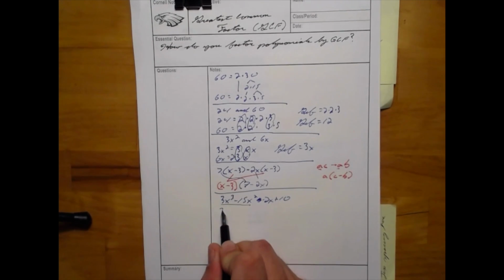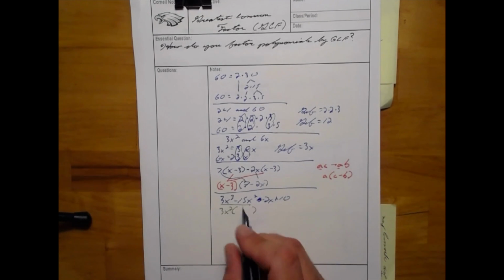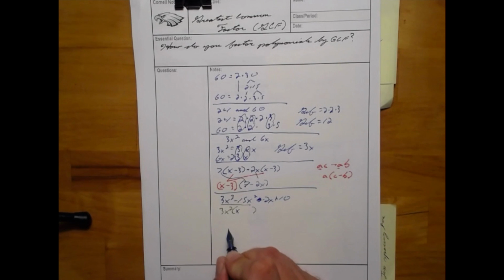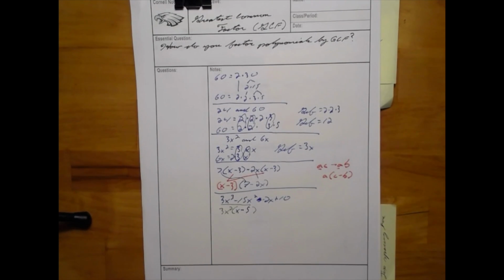And I see that they both have a 3x squared in common. Now, what's left over out of that 3x cubed when I take 3x squared out? I'm left with an x. And what's left over out of that negative 15x squared when I take out a 3x squared? Well, I have a negative 5. So I have x minus 5 left inside parentheses and a 3x squared on the outside of the parentheses.